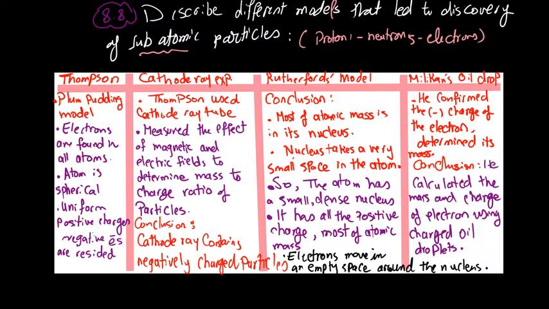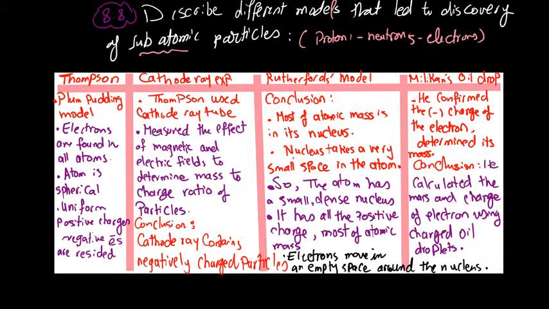In this video, I'm not going to describe in detail the experiments done by every scientist. You can go to the previous video to discuss it. Here, I'm just recapping the work done by Thomson, Rutherford, and Millikan.